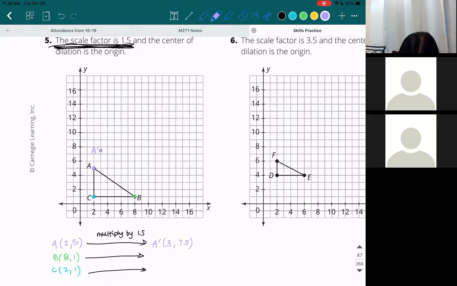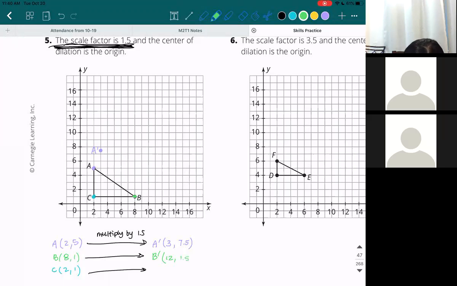Let's take a look at B. So B was 8, 1. Now we have B prime where we take the original 8 and multiply it by 1.5. So what's 8 times 1.5? 12. 12, good. And then what's 1 multiplied by 1.5? 1.5.